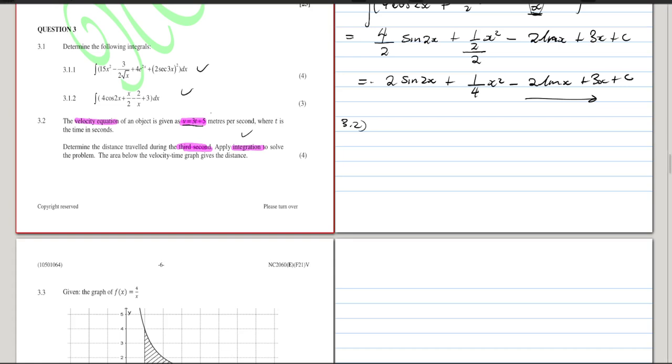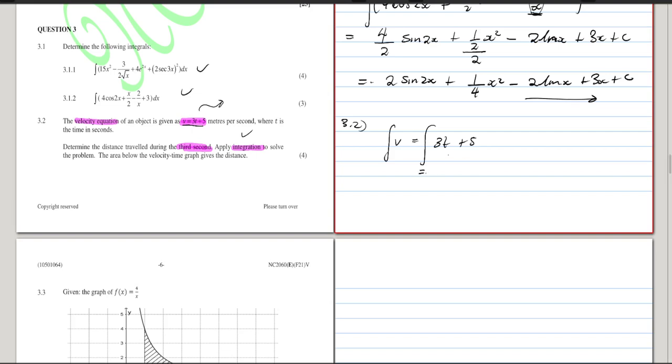So we need to take this velocity, integrate it so that we can get the distance formula. So we're going to integrate v. This is equal to the integral of 3t plus 5. We're going to integrate the function of v with respect to t.